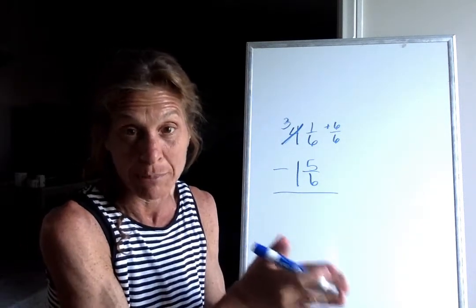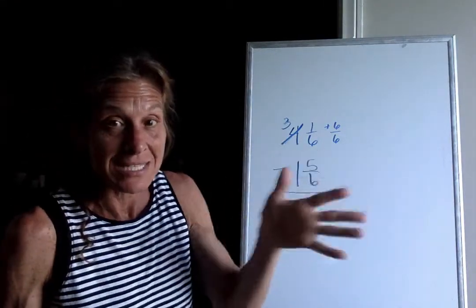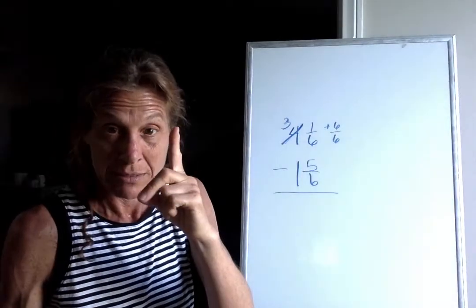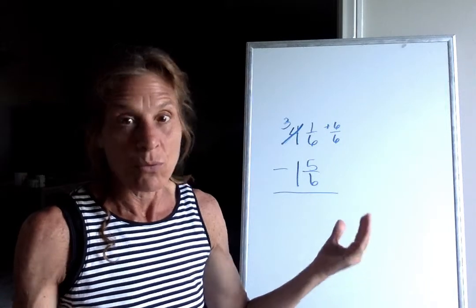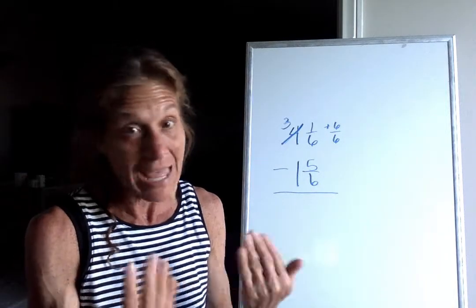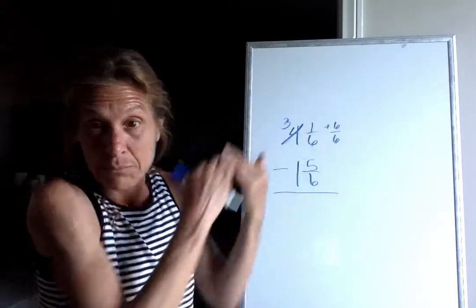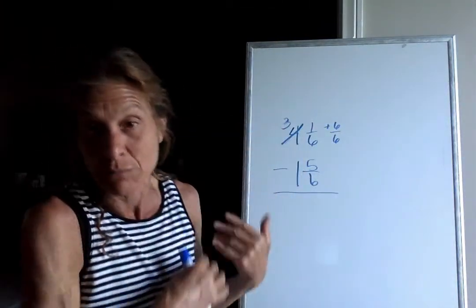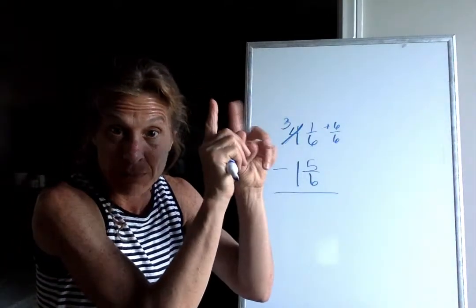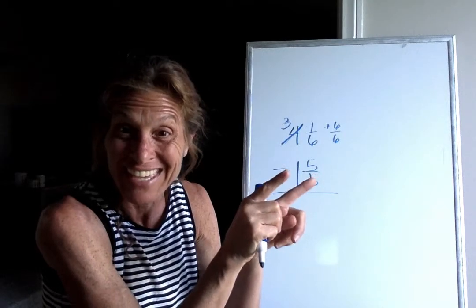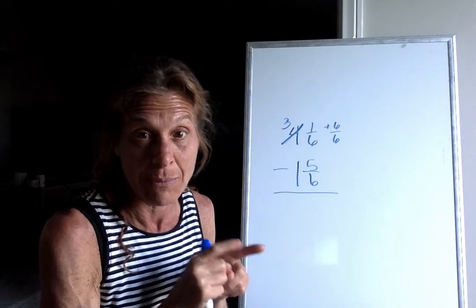So I went to the whole number next door. So this became a 3. I borrowed 6/6, which is 1, right? So in the world of fraction and adding, we don't add the denominators. They stay the same, just like in the lesson before and the lesson before. You just slide the denominator over and you just work with the top numbers called the numerators, okay? So now, we just borrowed 6/6 from the 4.